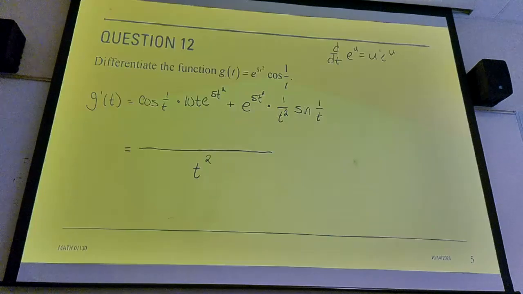We would have an e to the 5t squared common as well. But for now, let me just write it this way. Second term has 1 over t squared. First term doesn't. So the common denominator is t squared.